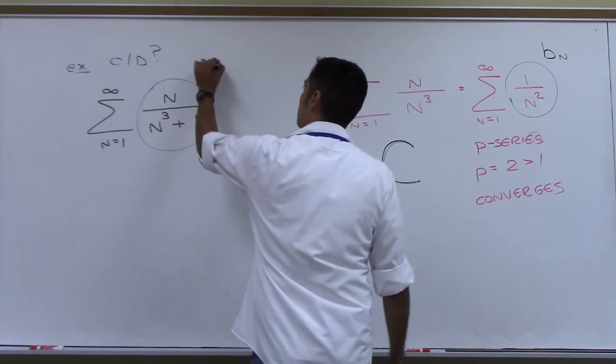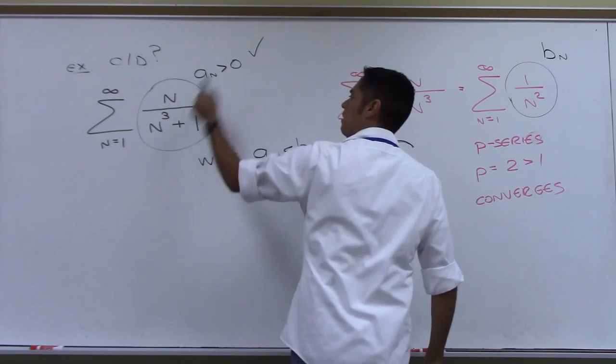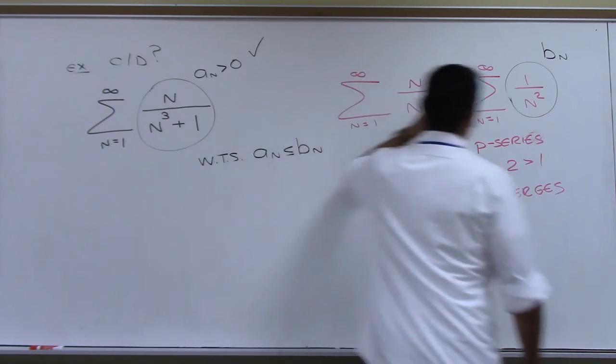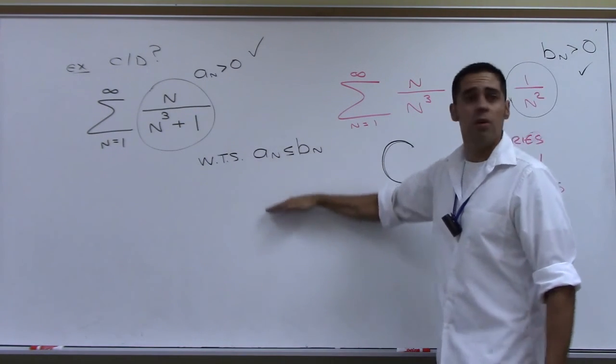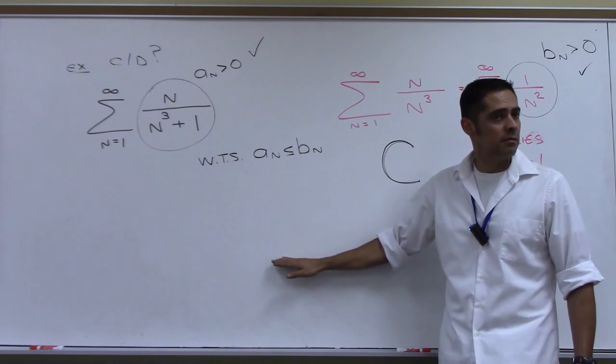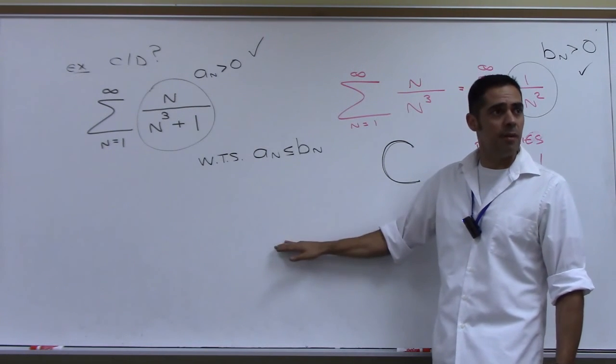Okay, so are these both positive? Yes. n is positive, that's positive. This, of course, is positive. So I'm going to go for this comparison test, all right? If I can show you this is true, I'm done.